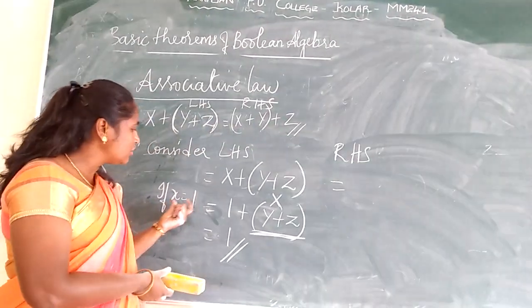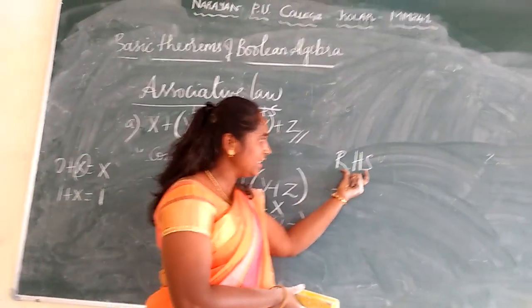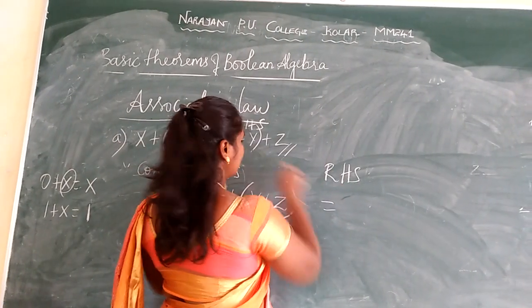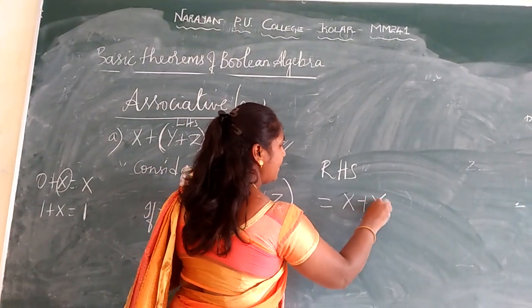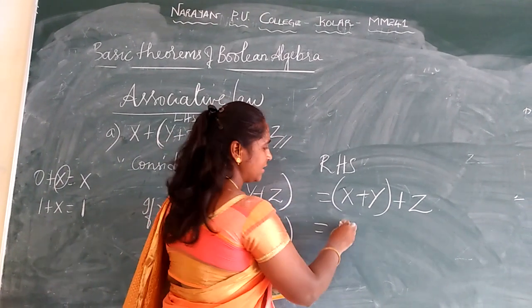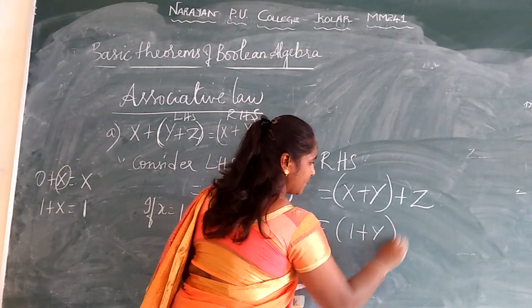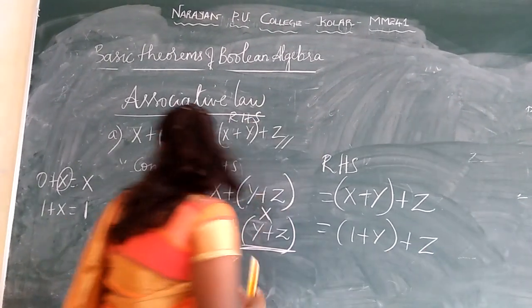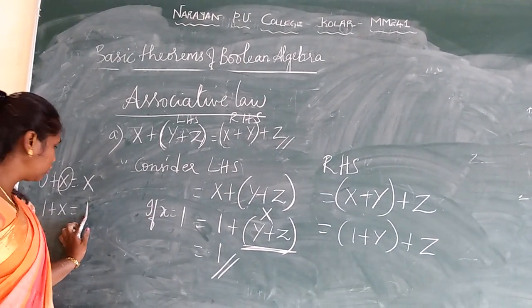Substituting the value of x equals 1, you now have to substitute in your RHS. What is RHS? x plus y plus z. Substitute the value of x, that is 1 plus y plus z. This holds the property 1 plus x equals 1.